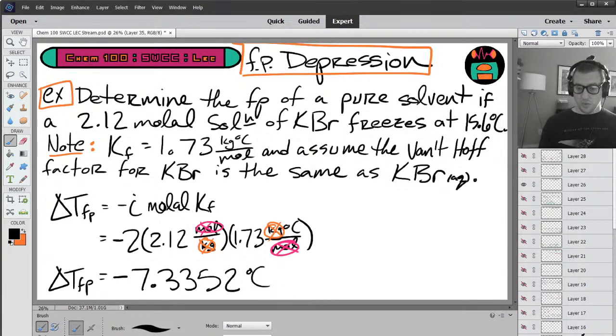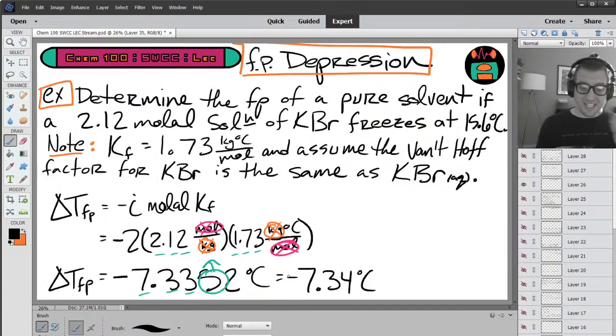Sig figs wise, we're limited to 3 sig figs by both our Kf and our molality. So 1, 2, 3. 5 is going to round up. So our change in freezing point is -7.34 degrees Celsius. Don't be freaked out by the negative sign. That just means the freezing point dropped, which is what will happen because we're dealing with freezing point depression.